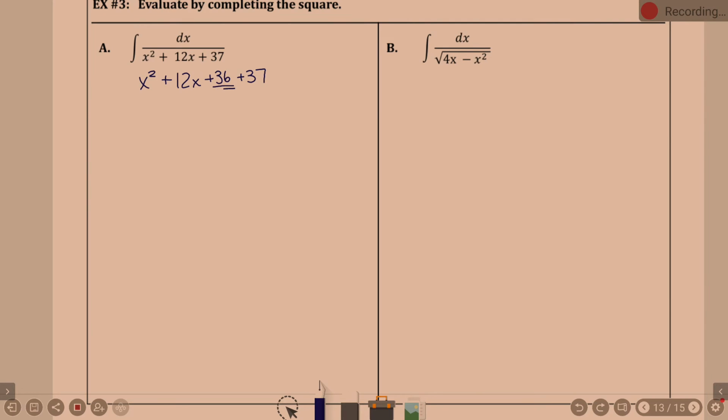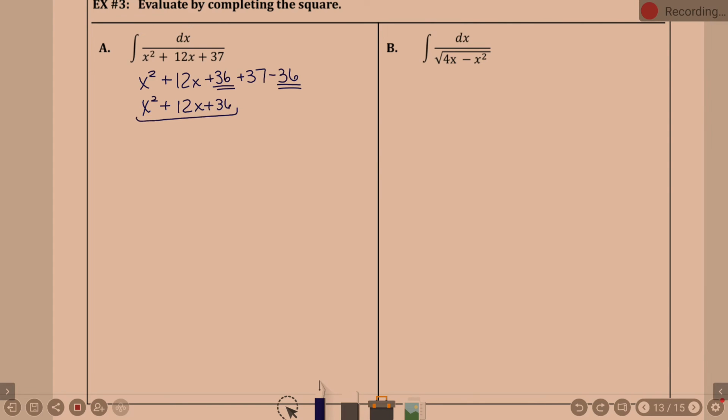Now, in this situation, we add 36 here. This is all one expression, right? So how do you counter out adding 36 when you're all on the same side in one expression? You're going to have to subtract 36 because we don't want to change the value of this expression. Now, the idea here is that you end up with x squared plus 12x plus 36, which is our perfect square.